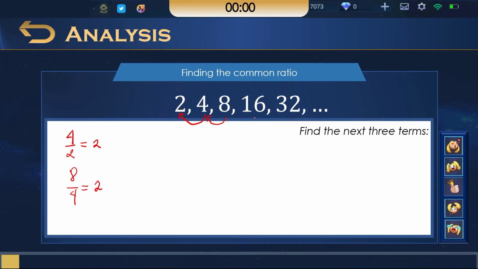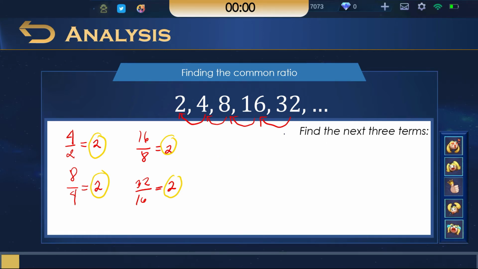Same goes with 16 divided by 8, the answer is also 2. Same goes with 32 divided by 16, the answer is also 2. As you can see, there is a common ratio between those different terms. Therefore, this one is considered a geometric sequence.